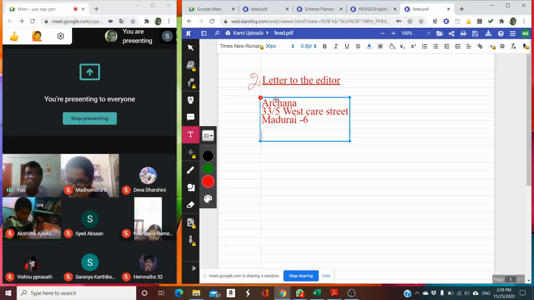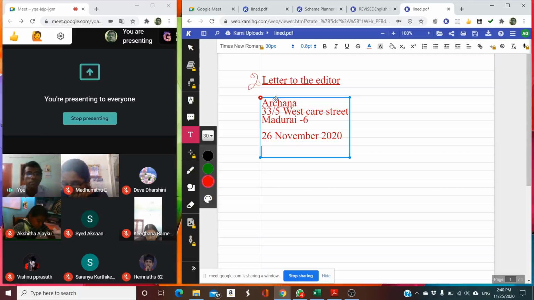After that, you must leave a line and write the date. You must write the date on which you are writing the examination. Suppose the date is given in the question paper, you can write that date. Suppose the date is not given, you can always write the date on which you are writing the exam. I think tomorrow afternoon you are writing the exam. Let us write tomorrow's date, 26 November 2020. After that leave a line. Then write the to address.